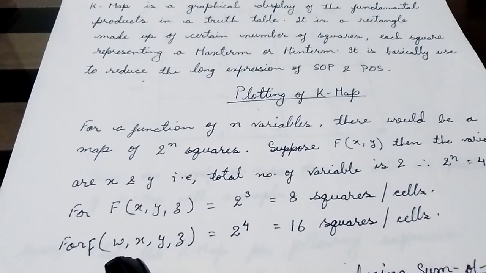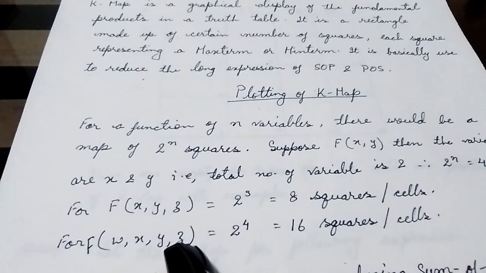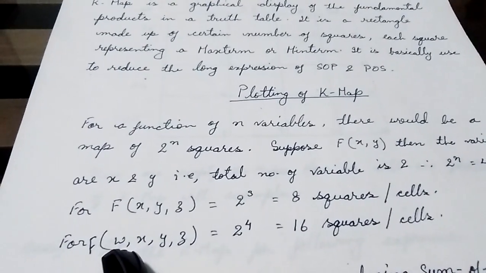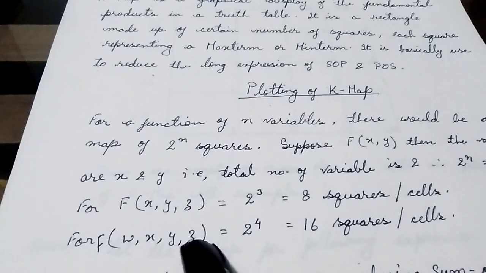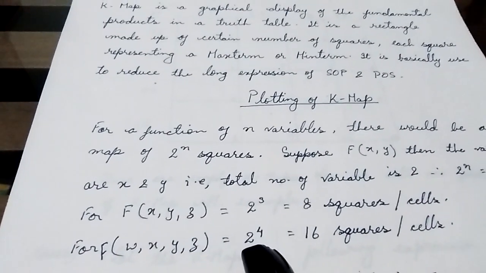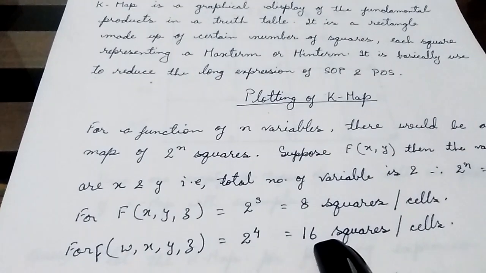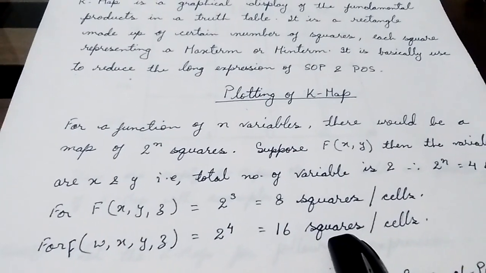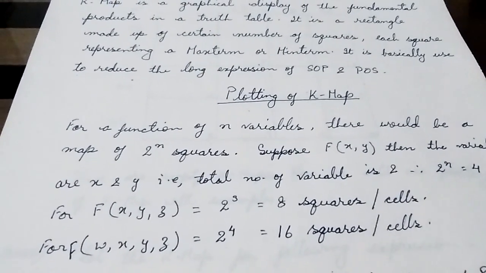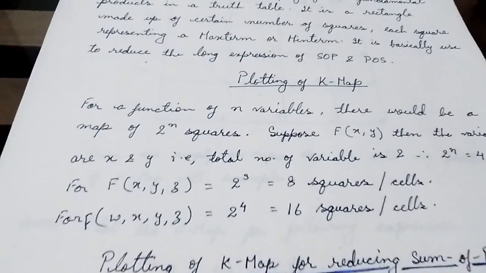Similarly, for a function w, x, y, z, the total number of variables is 4. So 2 to the power of 4 equals 16. So there are 16 squares or cells in the Karnaugh map.